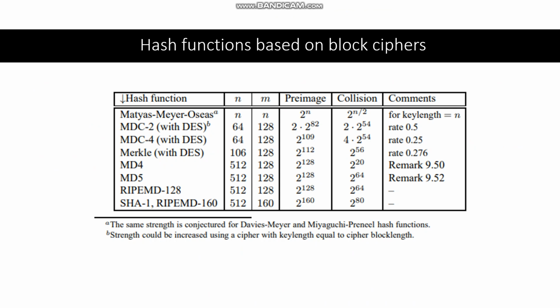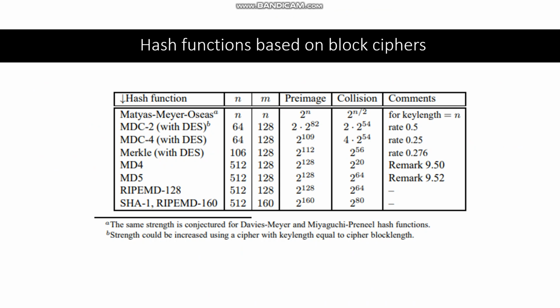From a structural viewpoint, these may be categorized based on the nature of the operations comprising their internal compression functions. From this viewpoint, the three broadest categories of iterated hash functions studied to date are hash functions based on block ciphers, customized hash functions, and hash functions based on modular arithmetic.